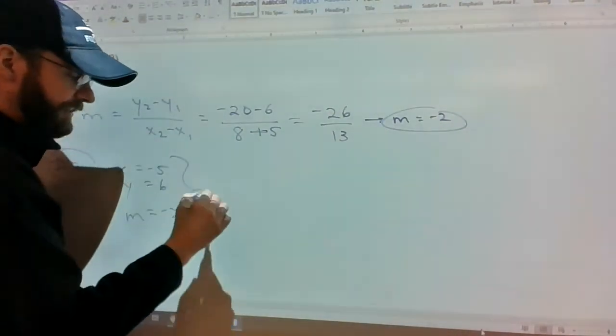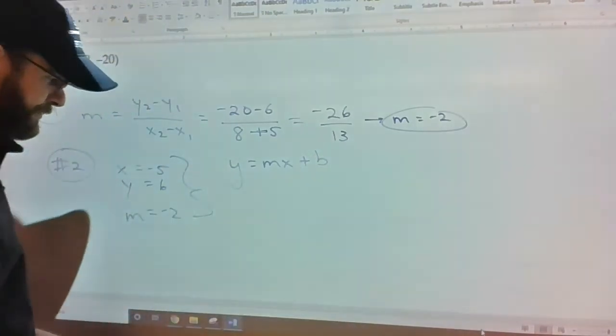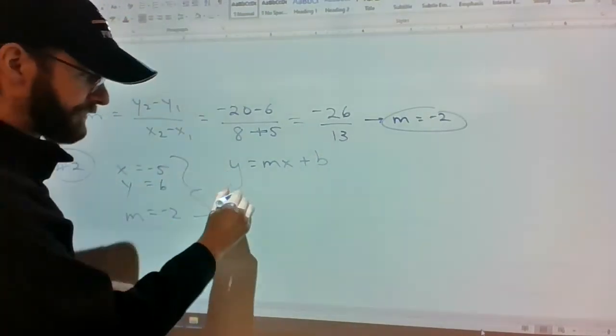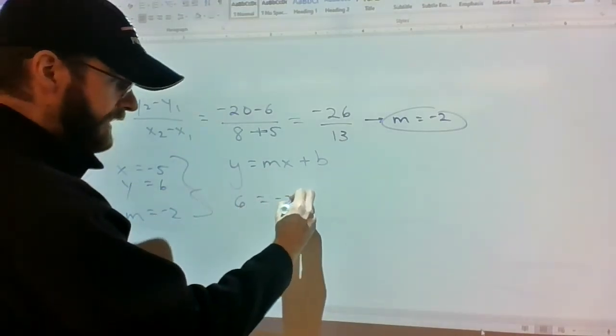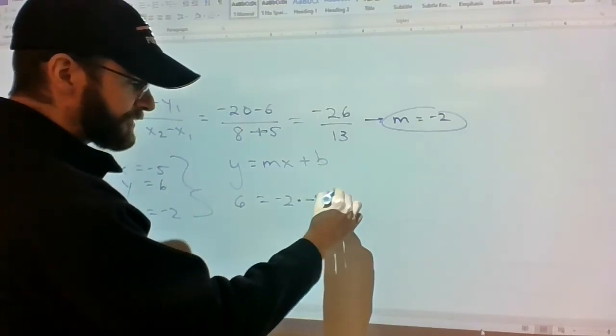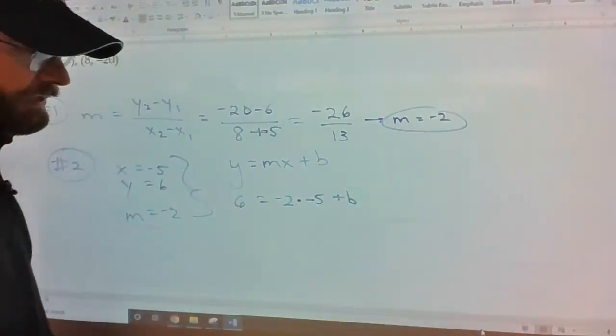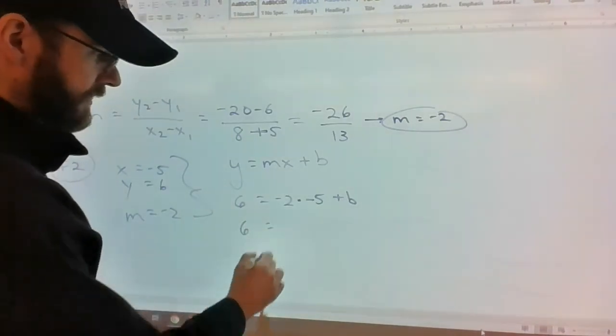Those three pieces of information then go into the formatted equation y equals mx plus b. So 6 goes in place of the y. Negative 2 goes in place of the m. X equals negative 5, so a negative 5 goes in place of there. And then you just got to know your order of operations and basic fundamentals.